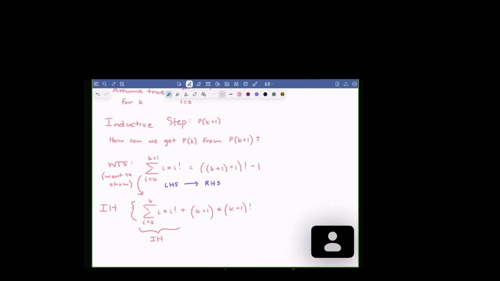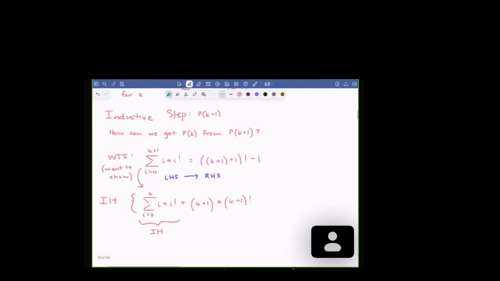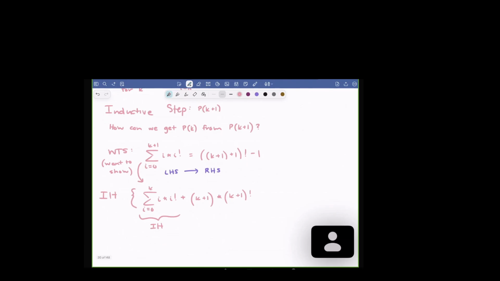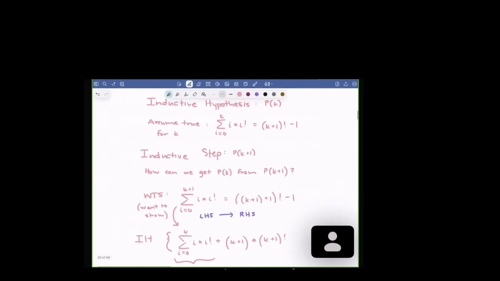I start my proof by moving the k plus 1 term out. Because I moved the k plus 1 term out, I see that one of my terms is now the exact form that my inductive hypothesis was in.